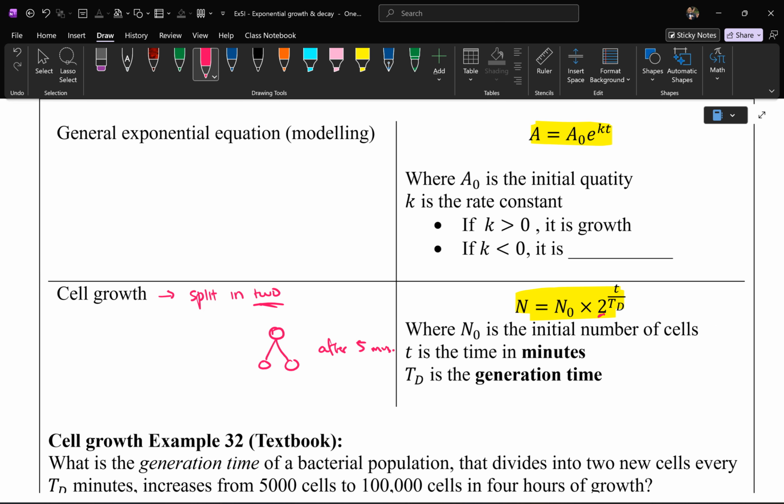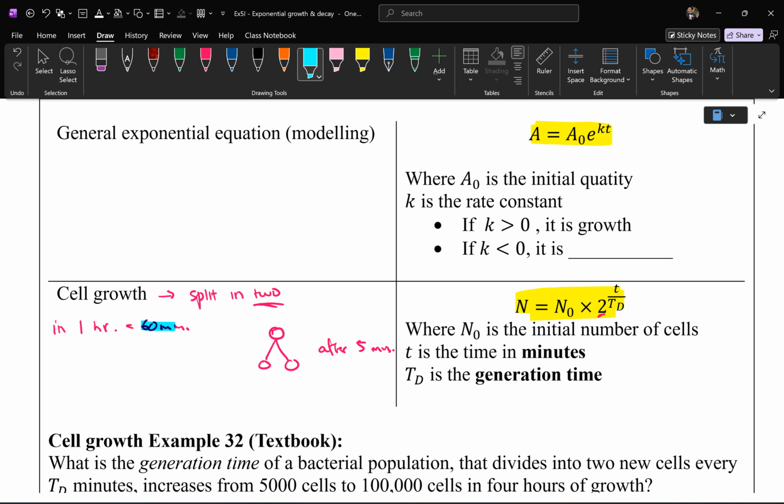Then in 1 hour, which is 60 minutes, how many times would it have split itself? If every 5 minutes it's going to split itself, in 1 hour, how many times will it split itself? Logically, 12.